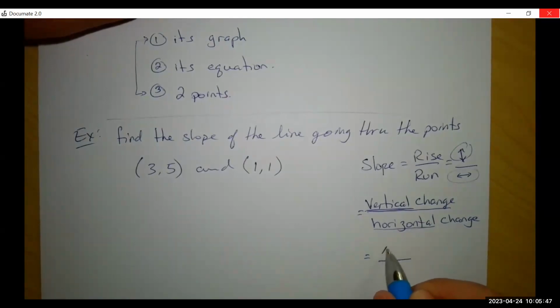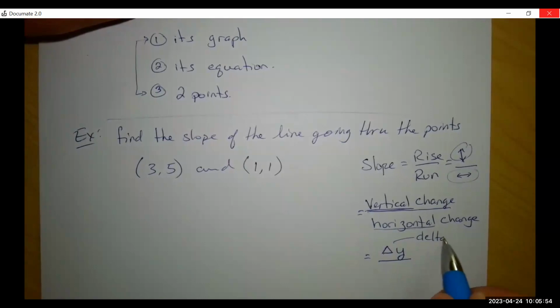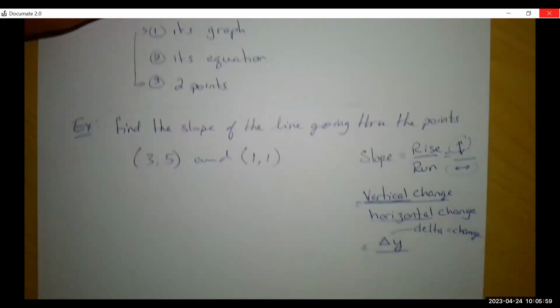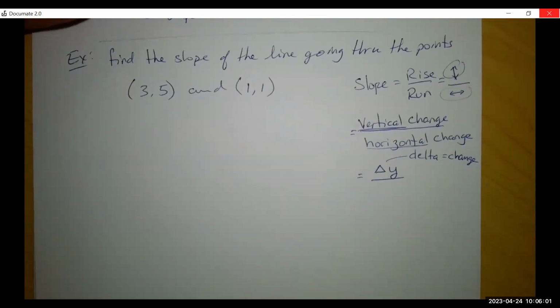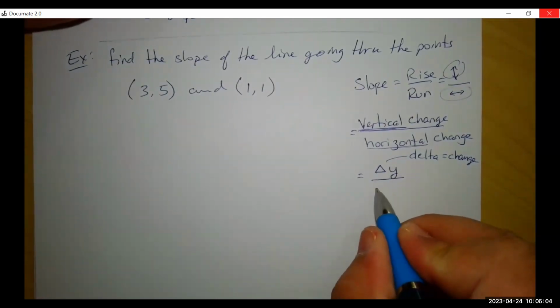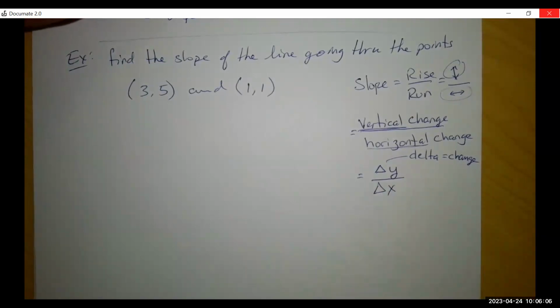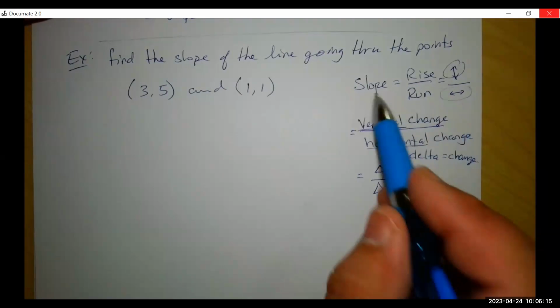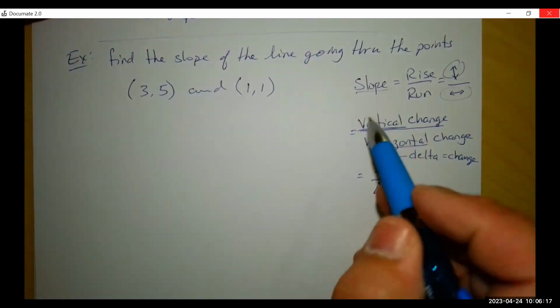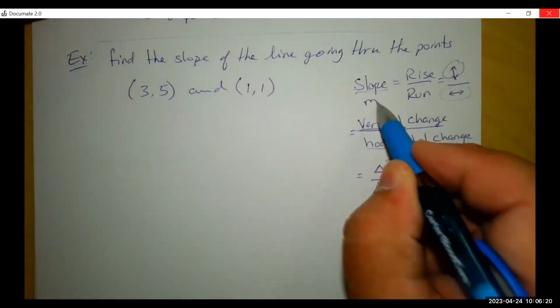So in mathematics, this little symbol here, the delta, means change. So it's delta y over delta x. Also in mathematics, we don't write the word slope. The slope is represented by the letter m.